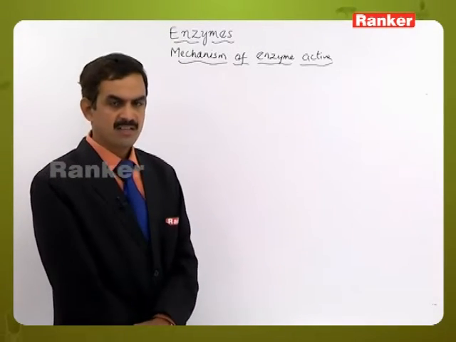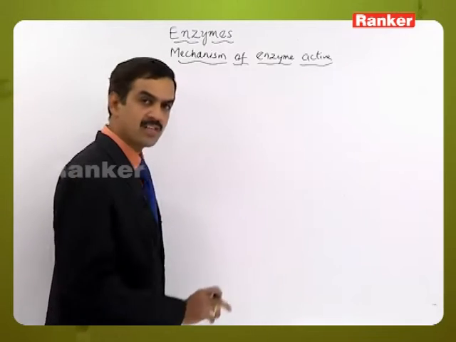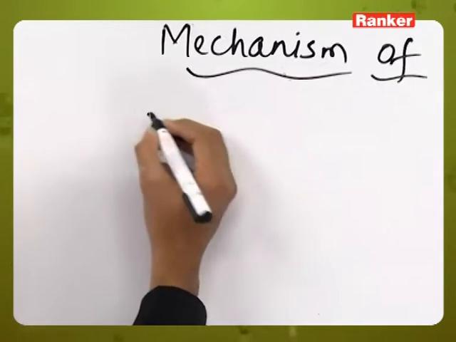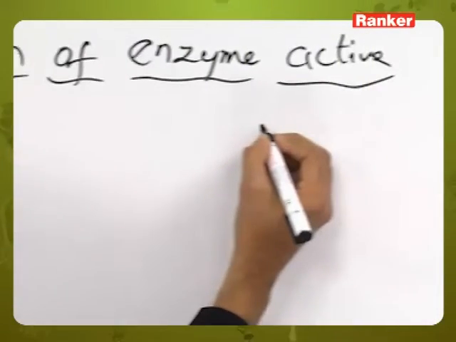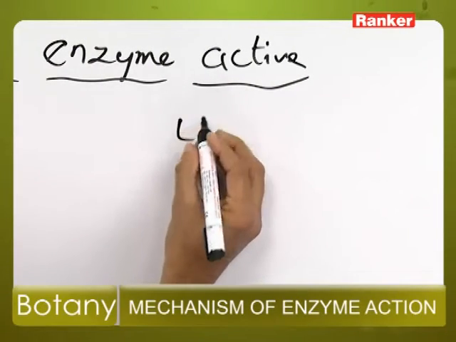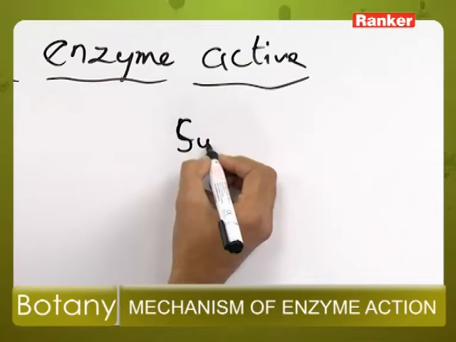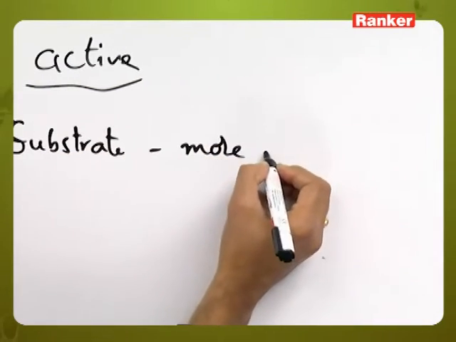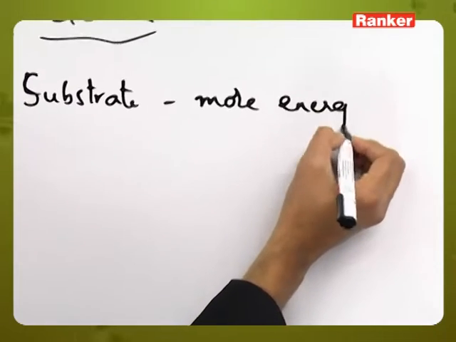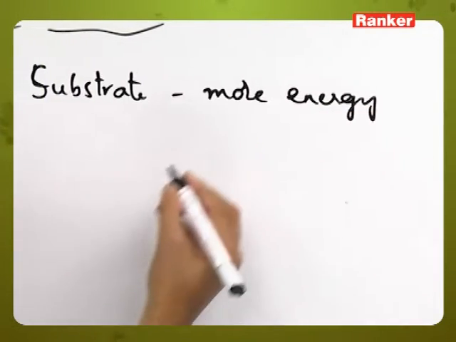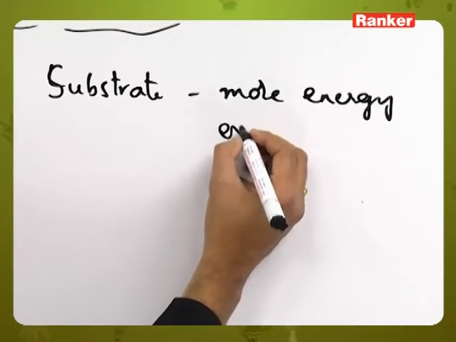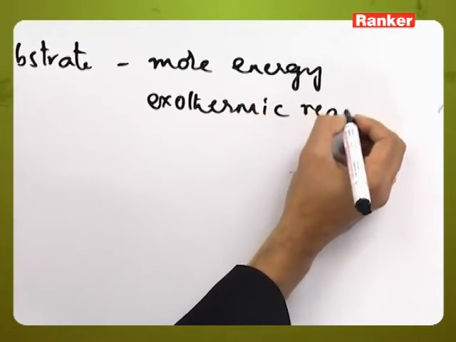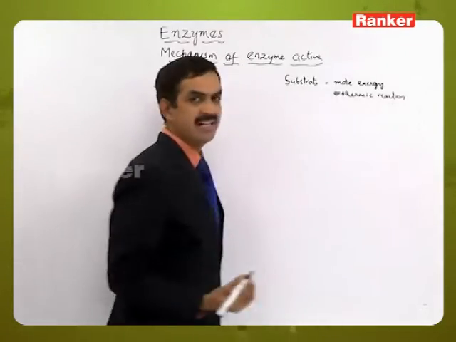Here we know that different types of reactions are there, like exothermic reactions and endothermic reactions. If the substrate molecule has more energy than the product molecule, it is called an exothermic reaction, where the energy will be released.